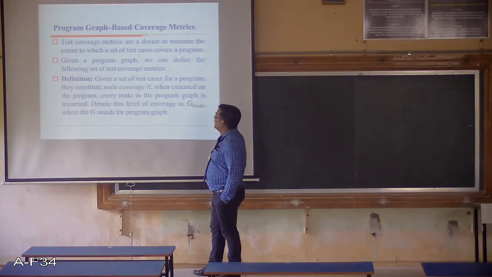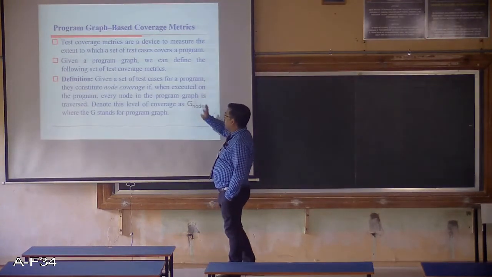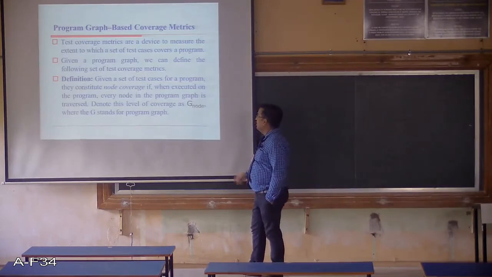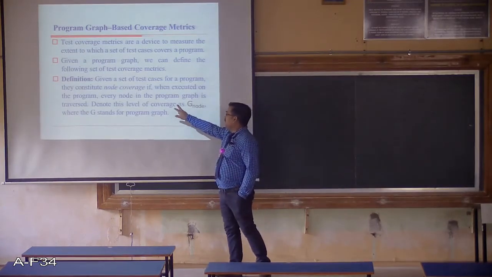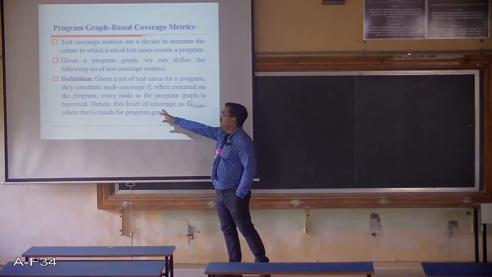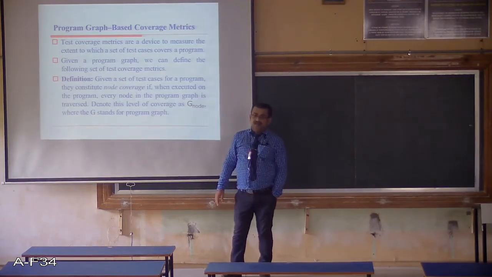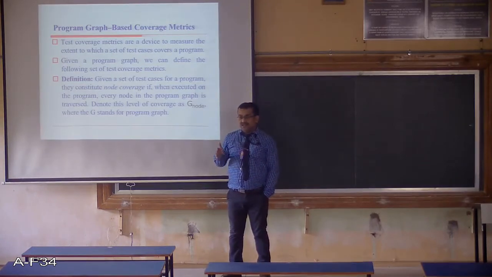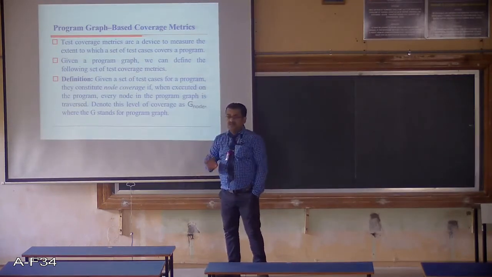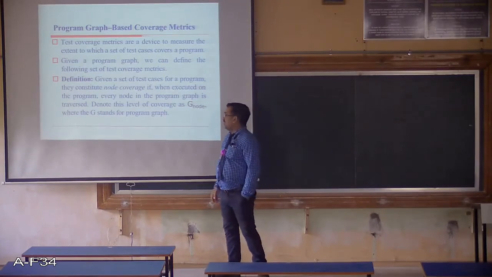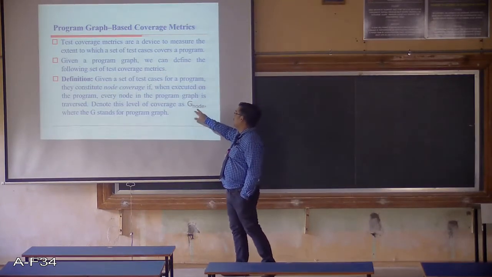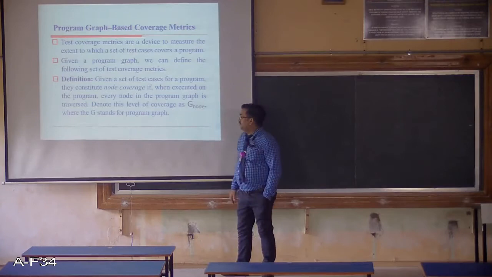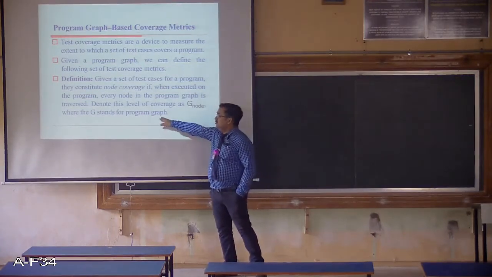So the first definition is that a set of test cases for a program constitutes the node coverage if, when executed on the program, every node in the program graph is traversed. Test cases are designed in such a way that when executed, every node in the program flow graph is covered. When such coverage is there, we term it G node coverage, where G indicates the program graph.